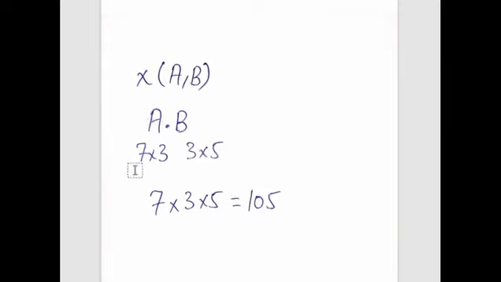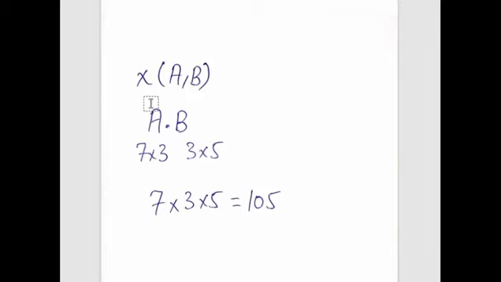And what are the dimensions of the matrix B? They are 3 into 5. As the 3 is the same in both, we will take the multiplications as 7 into 3 into 5. This will give us 21, 21 into 5, 105. So when we multiply the matrix A with B, the answer we get is 105.